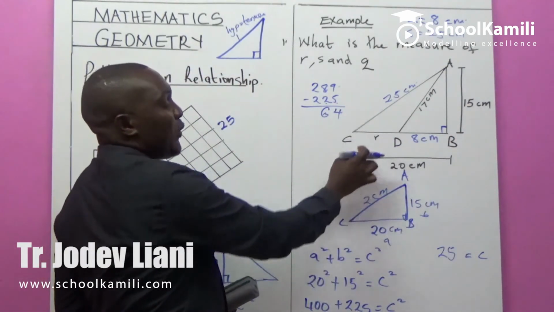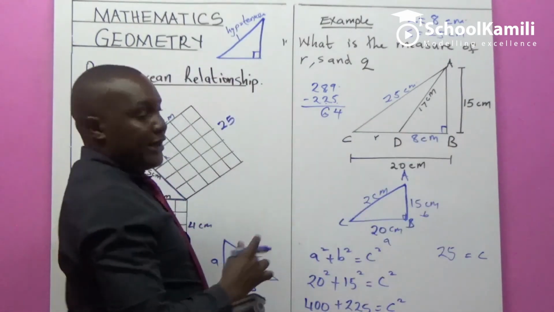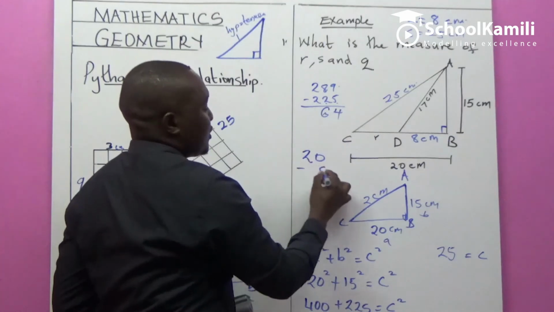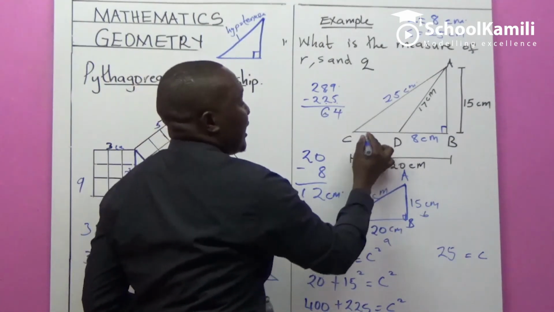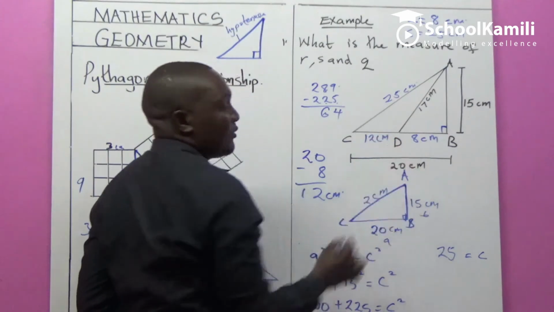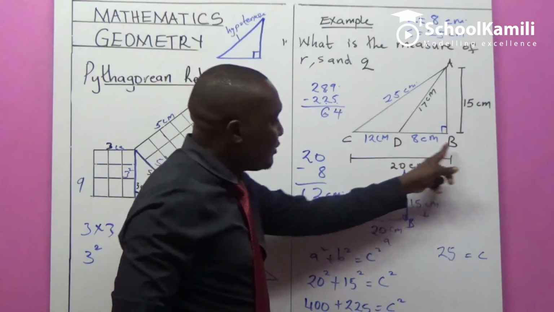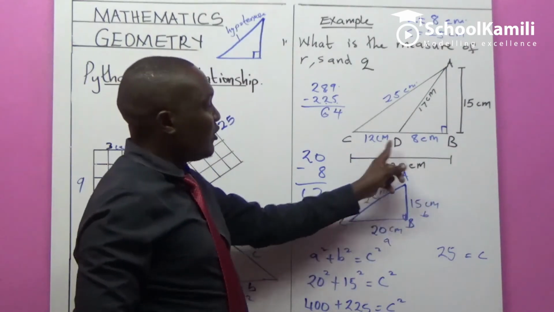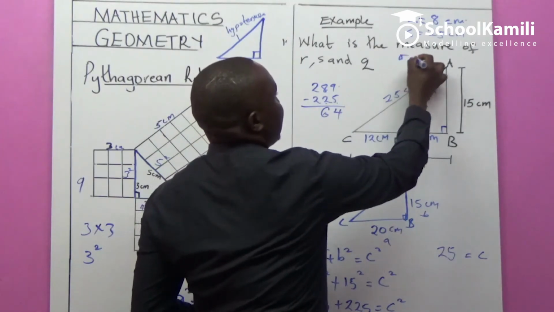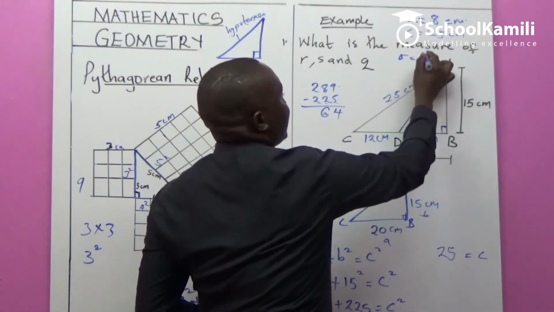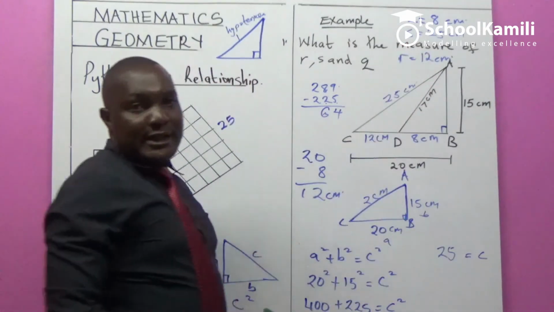To get R, we now take the whole measurement, which is 20, subtract 8, you get 12 centimeters for R. Such that when I add this distance CD and DB should give me 20. 12 plus 8 should give me 20. So our R is 12 centimeters.